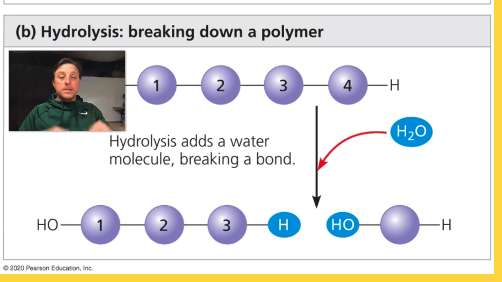So water comes in, breaks that bond, and the monomer is released, and now the polymer is one shorter. This is what would be happening in your digestive system, as all of the biological molecules in your food are broken down into the building blocks to be absorbed.